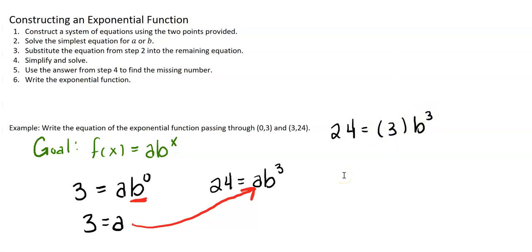Well, now I need to get b by its lonesome. So what I'm going to do is divide both sides by 3. 24 divided by 3 is 8. Now, my goal is to get just b, but I have b cubed. So what I should probably do here is take the cube root of both sides.